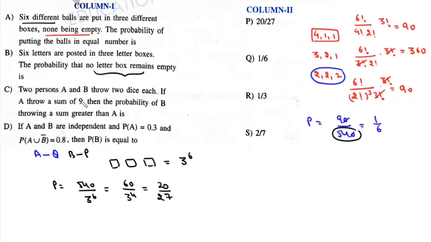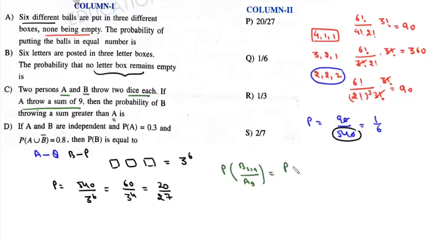Now the third one says, two persons A and B throw 2 dice each. If A throws a sum of 9, then the probability of B throwing a sum greater than A is. Now we need to find this conditional probability that B throws a sum greater than 9 if A has scored 9.